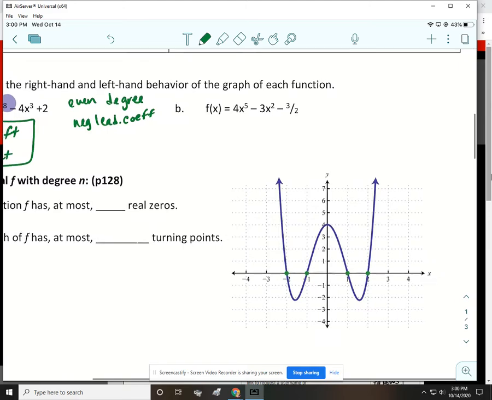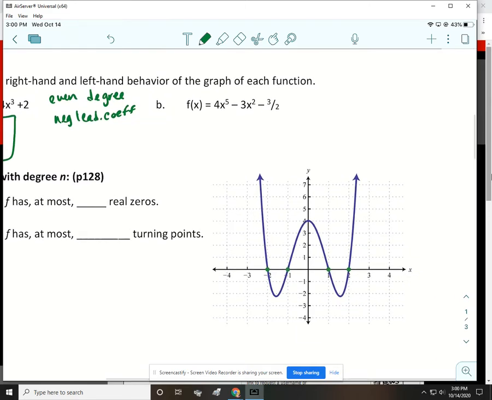All right, when we look at B, this time our degree is 5. So that's an odd number. Our leading coefficient is +4.